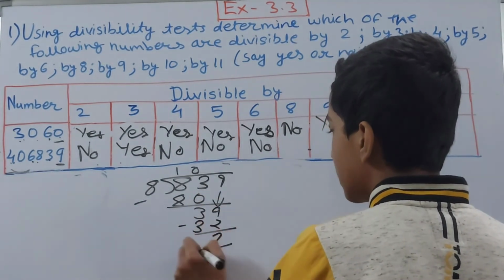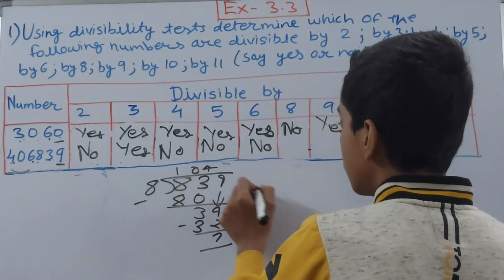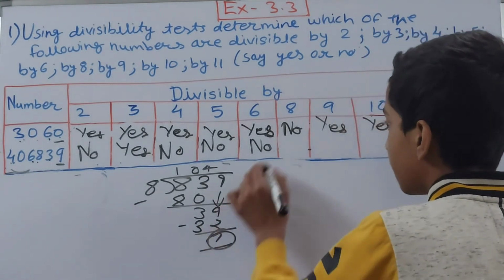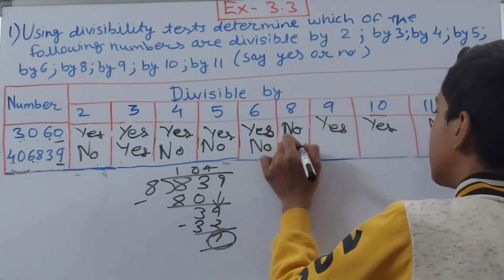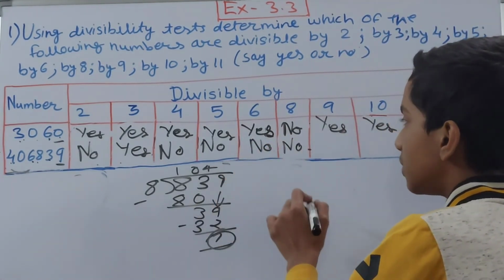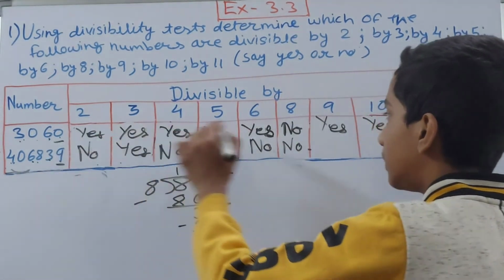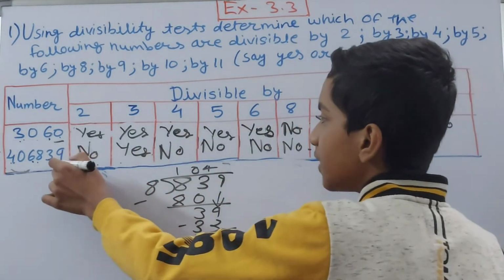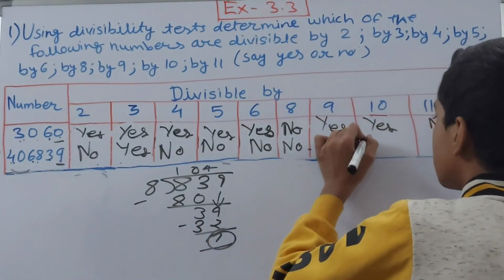You are left with 7. So 104, and in the remainder we are getting 7, so it is not divisible. So put a no. For 9, you will add these digits again. We got 30. 30 is not a multiple of 9, so no. For 10, you check the digit at one's place. Here it is not 0, so no.